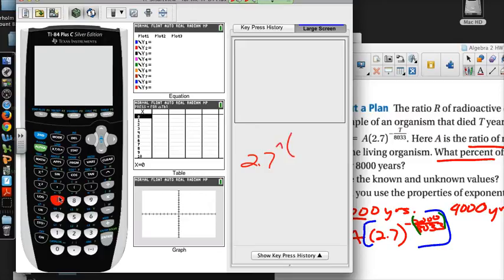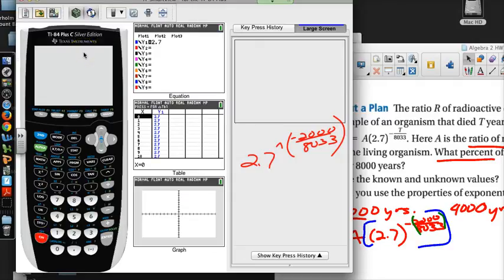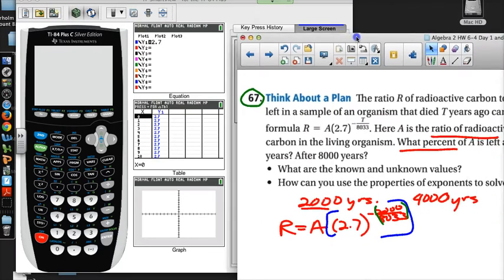So I am going to show you the keystrokes here: 2.7, caret symbol, negative 2,000 over 8,033. Give this one more try. Nope, it does not want to work. So, I'm going to go ahead and quit out of there.